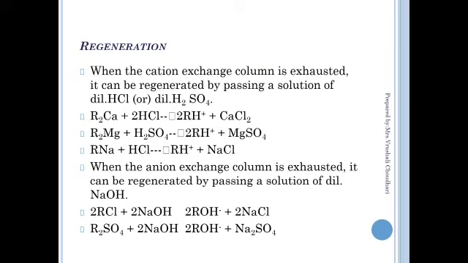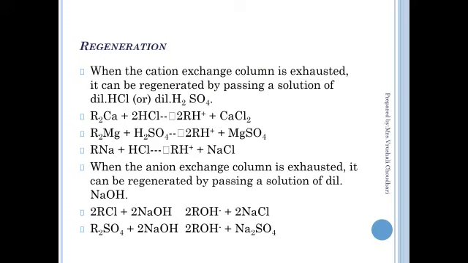Regeneration means recharging. When the cation exchange column is exhausted, it can be regenerated by passing a solution of dilute HCl or dilute H2SO4. That is for the cation exchanger.